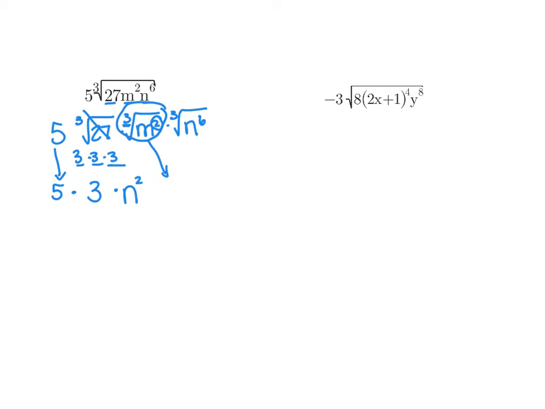And then I'm going to write my radical last. Okay, I'm going to multiply all these together. Those are now my coefficients of my radical. So I have 15 n squared times the cube root of m squared. Do not forget that root, that index I mean, and make sure again you left a little bit of space there.